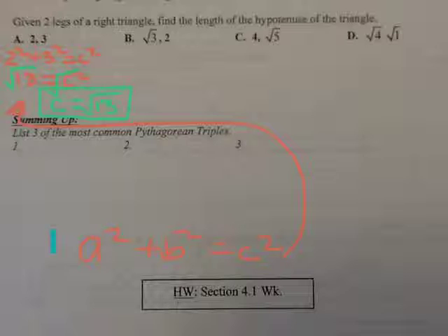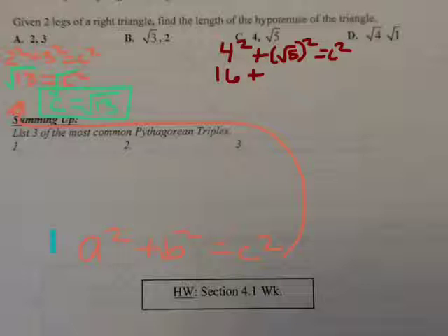Again, we were given the legs, so we're going to put 4 squared plus square root of 5 squared, and that equals our c squared. Well, 4 squared we know is 16, plus, if you plug that in your calculator, the square root of 5 squared is going to give you 5.